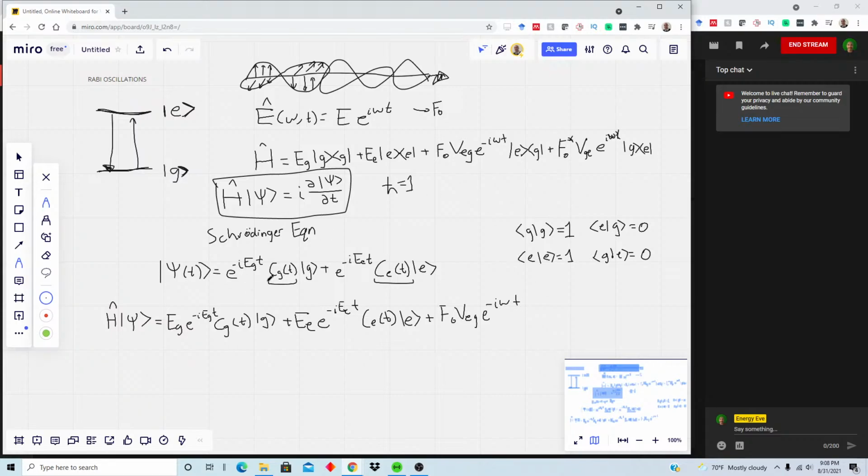Oh, and we would have gotten this whole bit in e to the negative i E_g t times c_g t, and we get this. Ooh, no. This g erases this g, and becomes 1, and you're left with e. So this should be e.